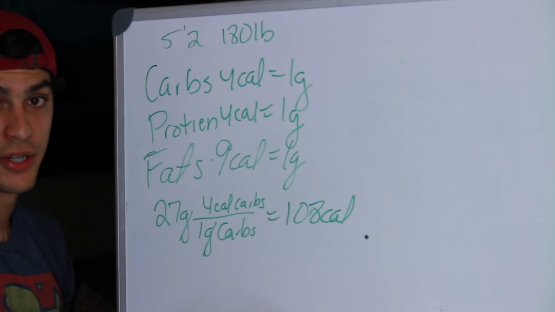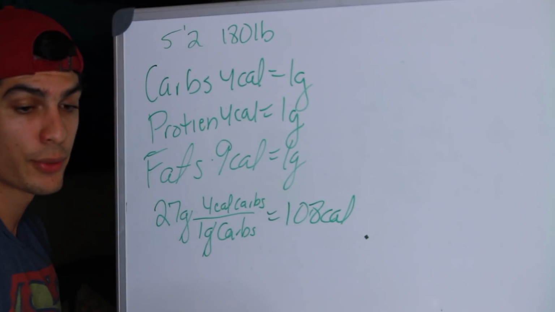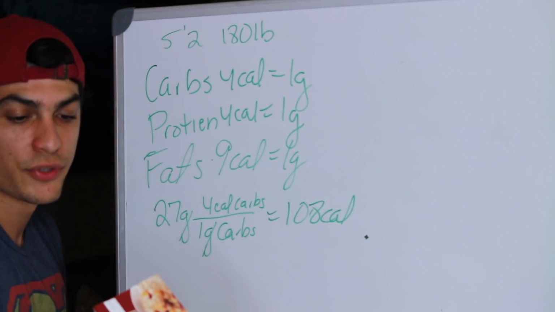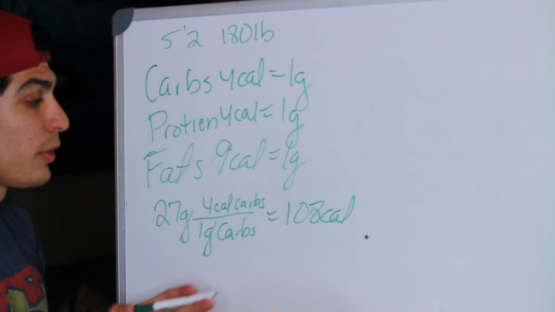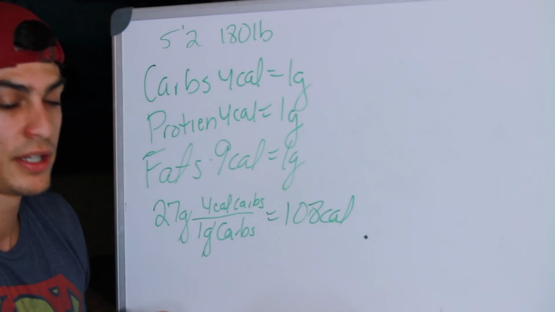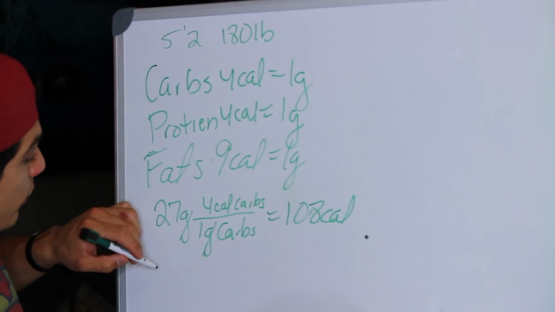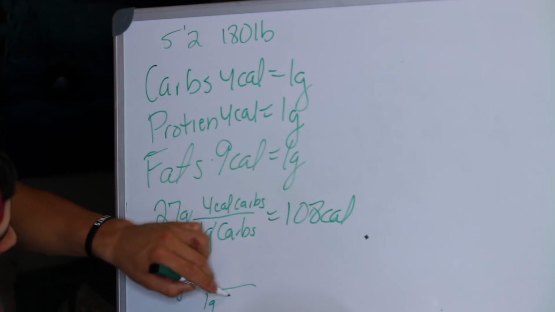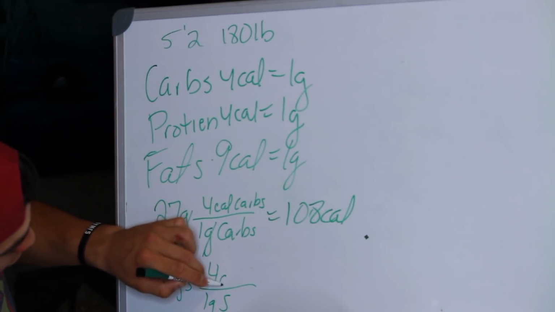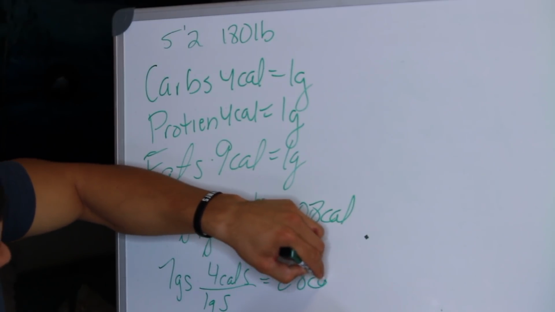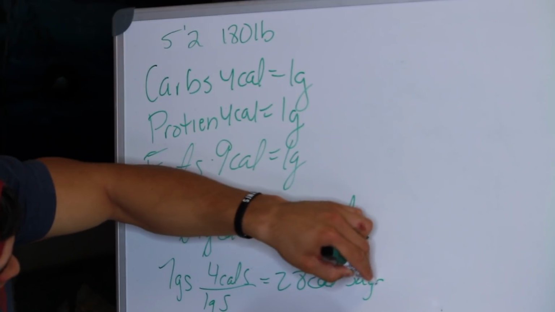Another thing to take into account is, for instance, this has 7 grams of sugar. When you do your carbohydrates, because there are different types of carbohydrates, you want to take into account especially your sugars. So we have 7 grams of sugar. There's 4 calories per gram of sugar, which is equal to 28 calories of sugar.